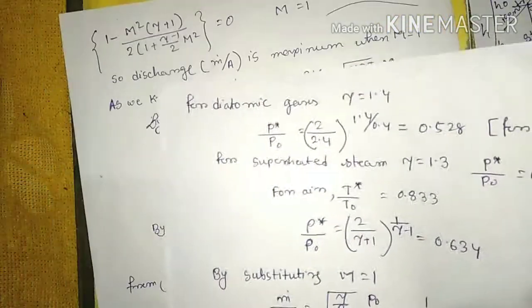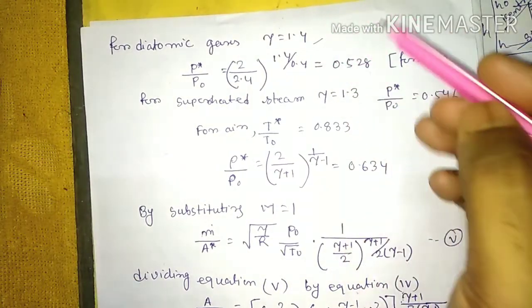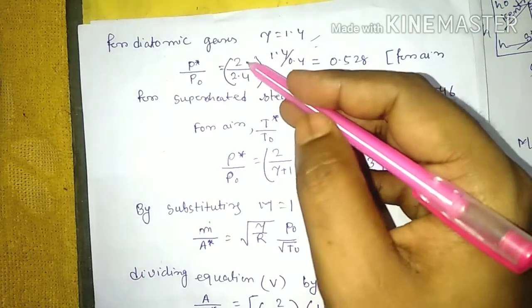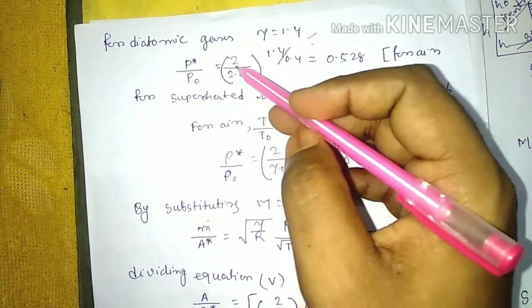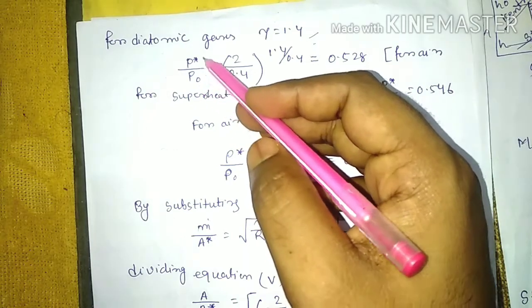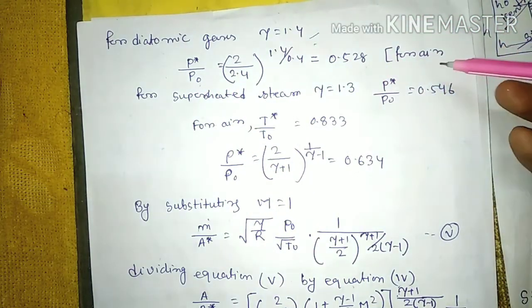Now for a diatomic gas, as you know, gamma is equal to 1.4. If you put this value in that expression, P asterisk divided by P0 is equal to 0.528 for air.